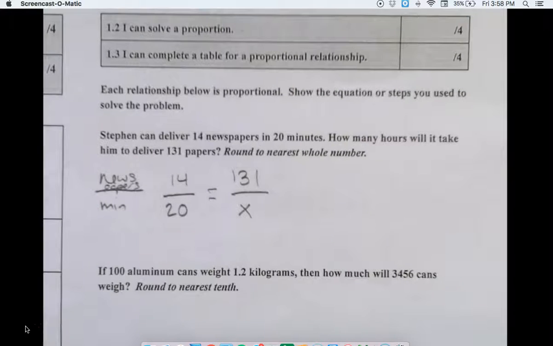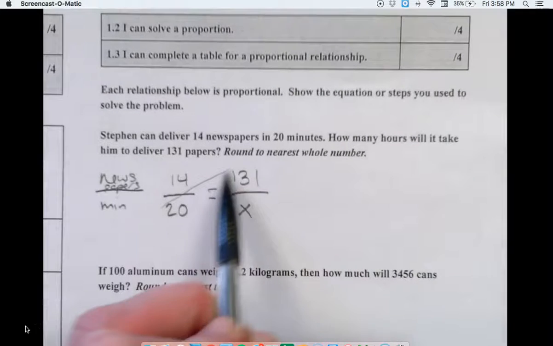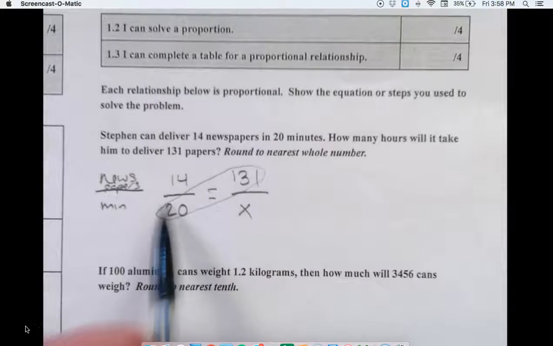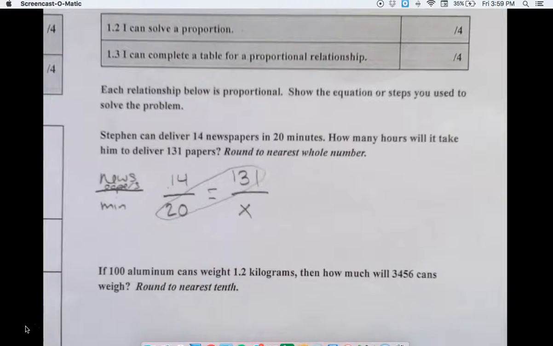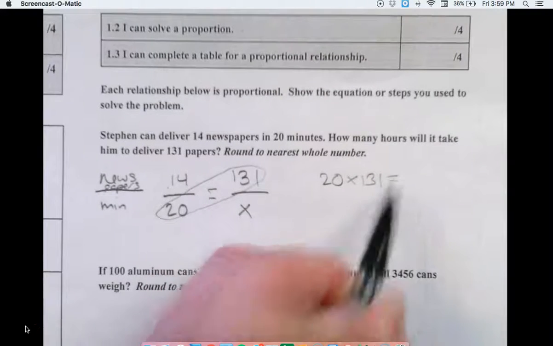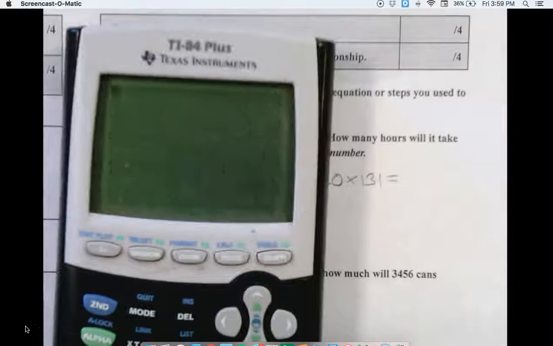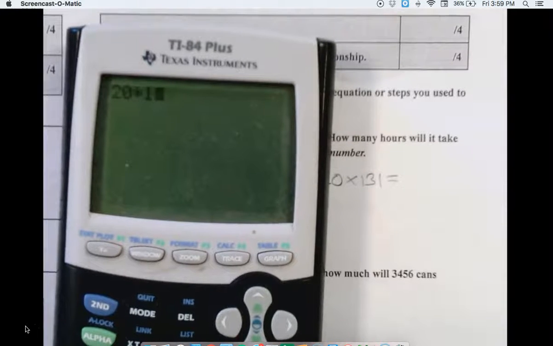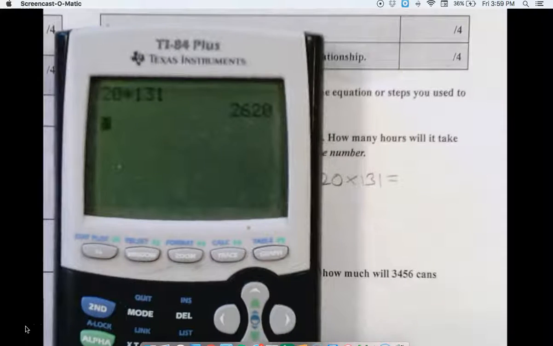So when you're solving a proportion, we're going to multiply these guys and divide by 14. So I end up with 20 times 131, and I'm going to write down what's on my calculator. I'm going to hit enter, and I get 2,620.